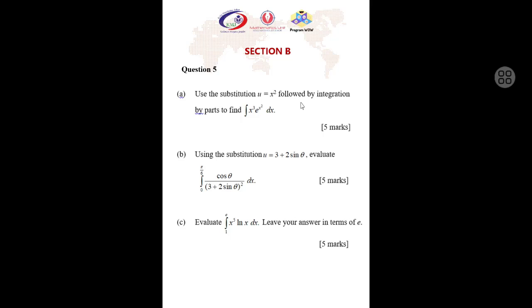So they mention here, use substitution followed by integration by parts. If you look at the question, as mentioned, they give you the function x cubed times e to the x squared dx.